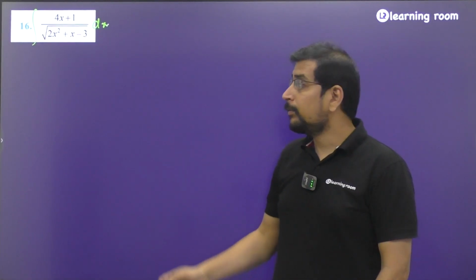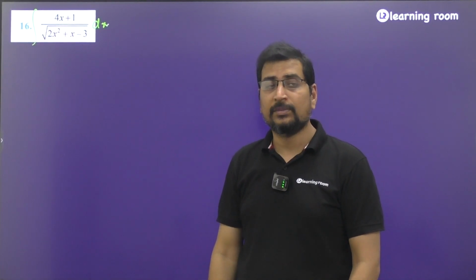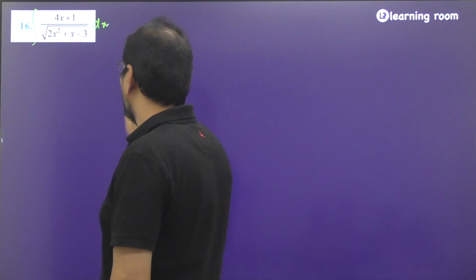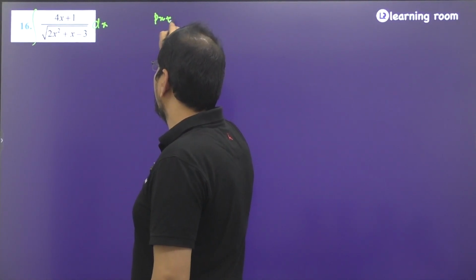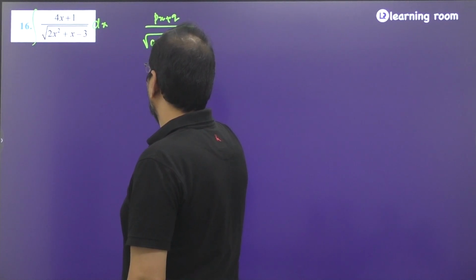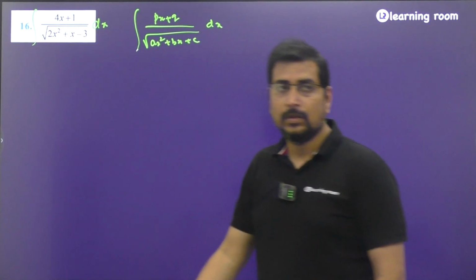So the 16th problem is the integral of (4x plus 1) divided by the square root of (2x square plus x minus 3) times dx. So it is of the form (px plus q) divided by the square root of (ax square plus bx plus c) times dx, right?